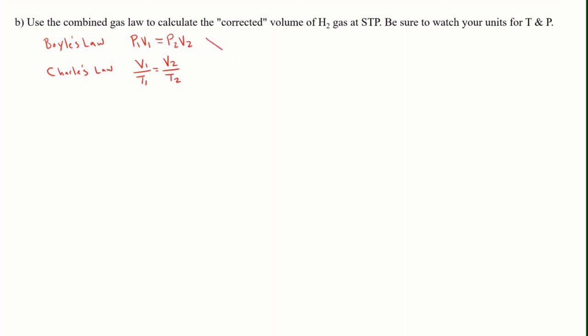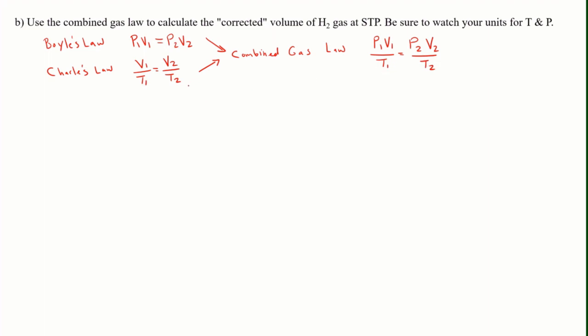If we combine these two gas laws together, we get the combined gas law. And the combined gas law states that P1 V1 over T1 equals P2 V2 over T2.